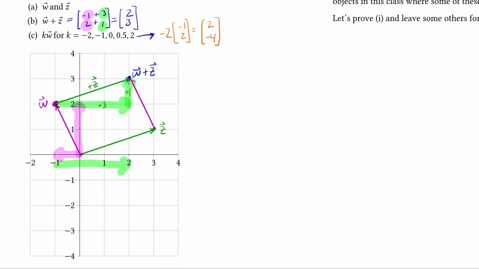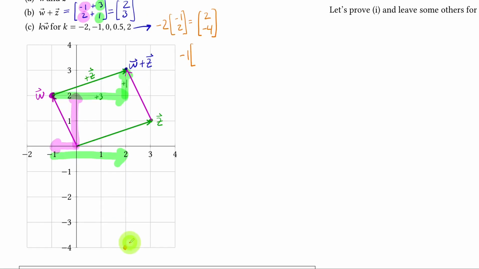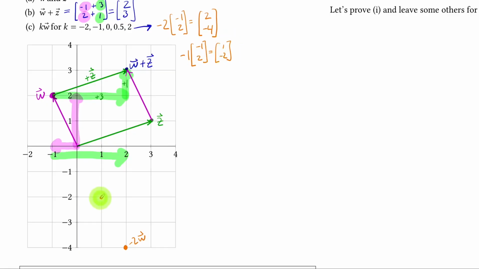So where is that? 2, negative 4 is right here. This point is the point negative 2W. Let's keep going with this. The point negative 1 times W is 1, negative 2, like so, which is right here. We can just write that as negative W. It means the same thing as negative 1 times W.